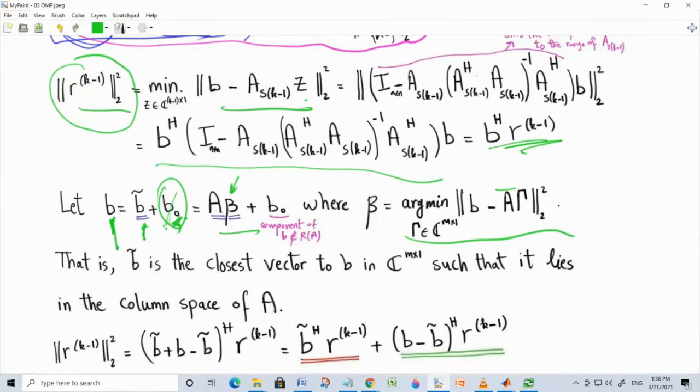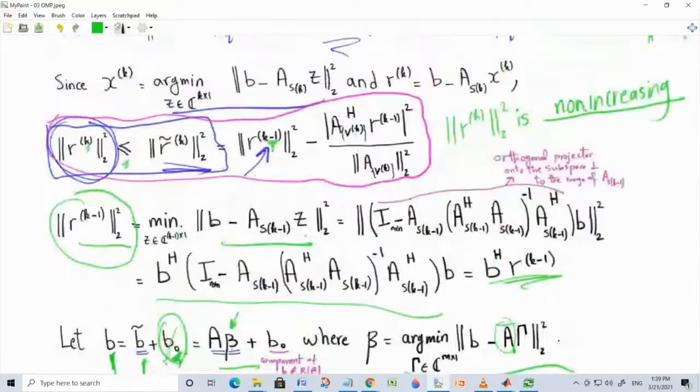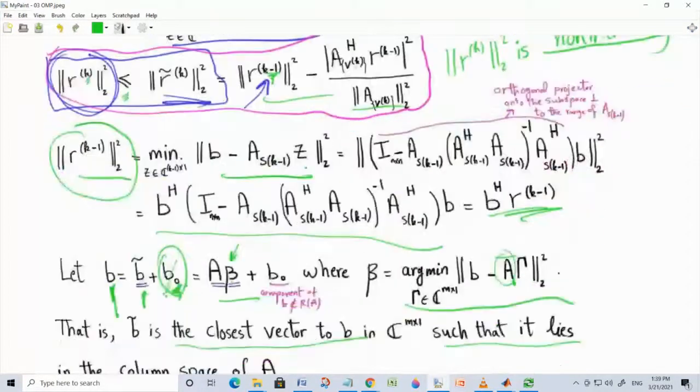Beta is the minimizer here. You do not select anything from A here; you use all columns of A. So b tilde, which is A beta, is the closest vector to b in the column space, or range, of A, and b0 is the remaining part of b that is not in the range of A. What we will do is try to upper bound these two terms.